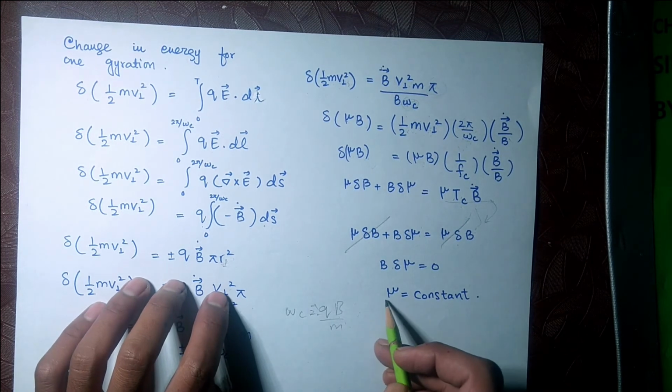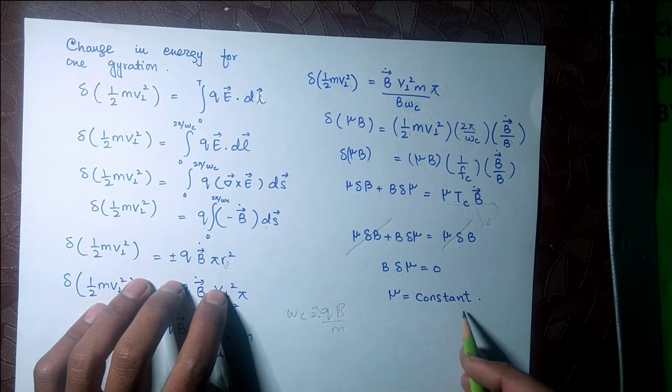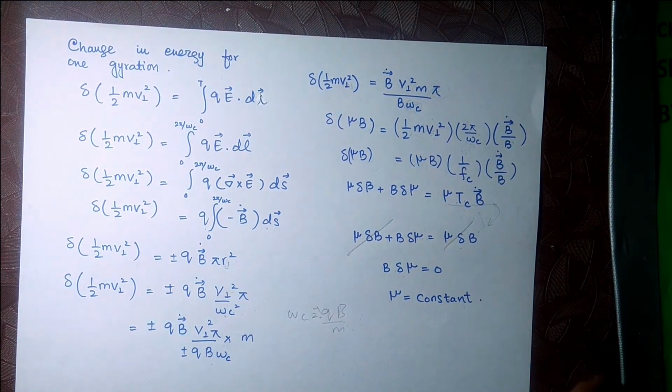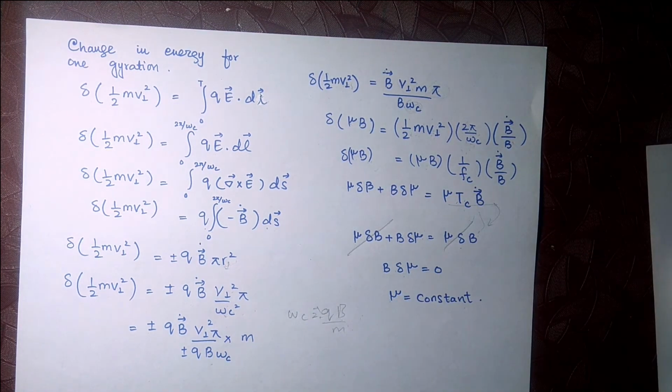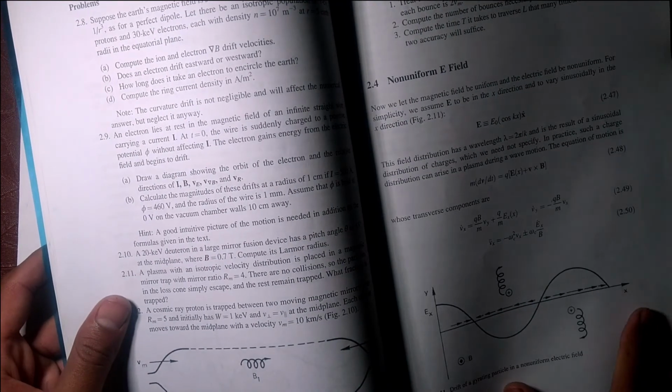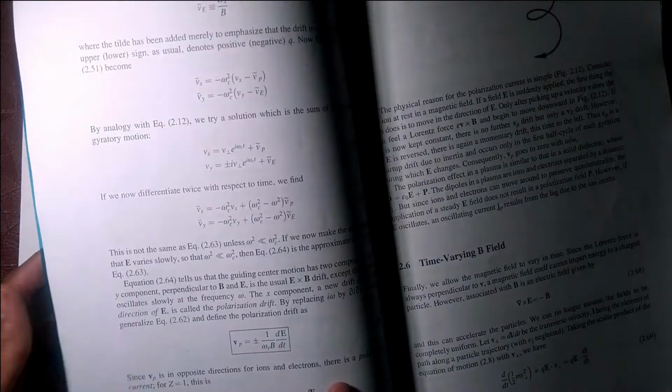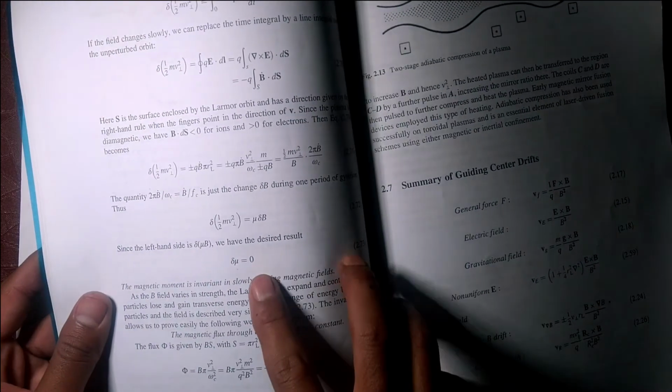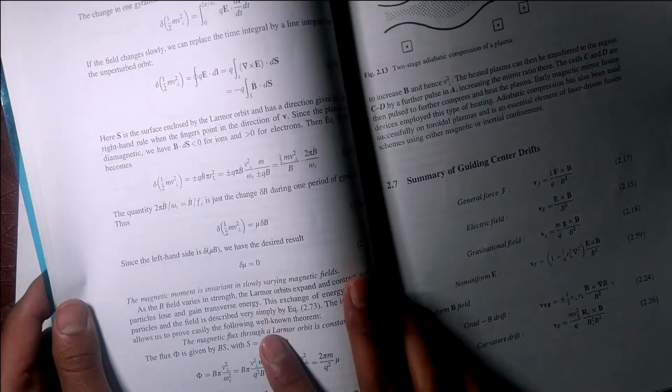So mu is equal to constant, which we wanted to prove. So we have proved that for a time varying magnetic field, our mu is constant. What is mu? Mu was the magnetic moment for the gyrating particle. So this is the equation which we have derived.